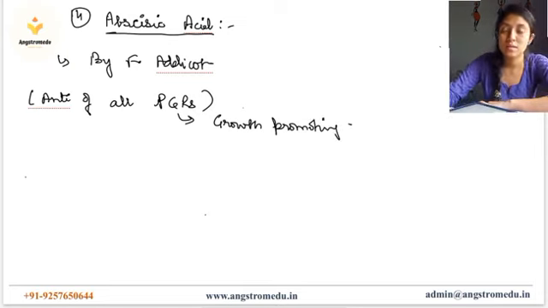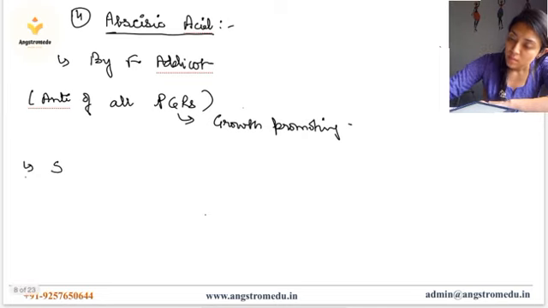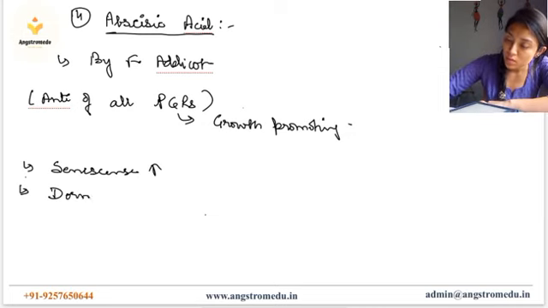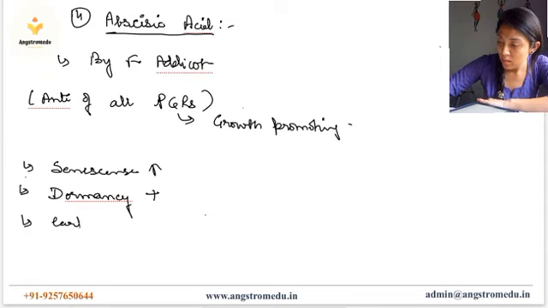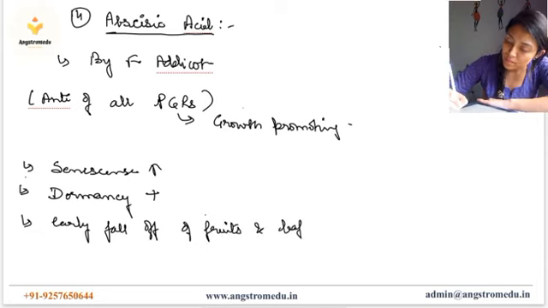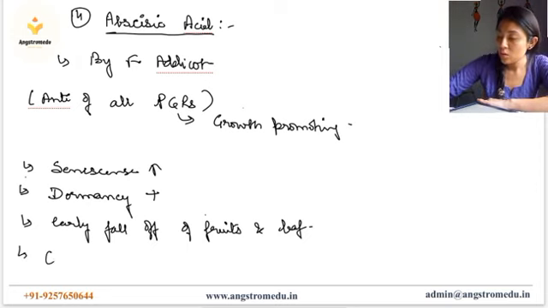So what this abscisic acid is doing, first thing, it promotes senescence, okay, rapid aging, then it promotes dormancy, then early fall of fruits and leaves, then closing of stomata.